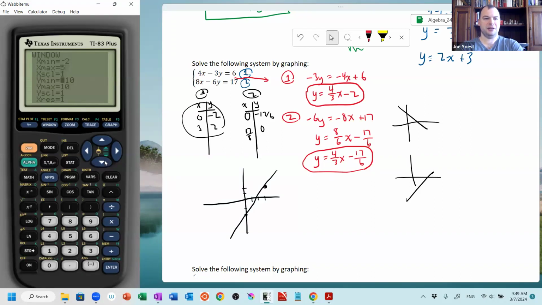I think that'll get me zoomed in quite a bit, so I can really investigate whether these are parallel. And that looked to be a window that would keep both of my graphs in the picture. And these do definitely seem to be parallel.